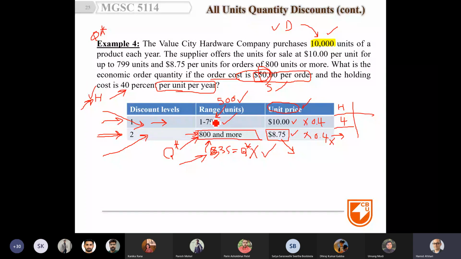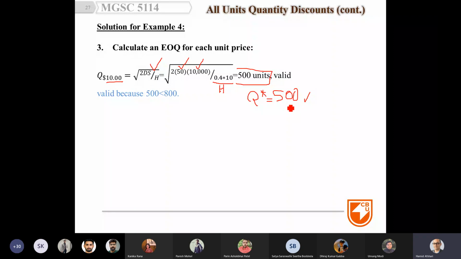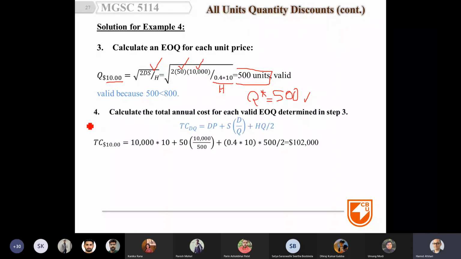Because this is valid, for Q star I will use 500. That's why for step number 4, when I am calculating the total cost of the system, for Q I'm going to use 500. Everybody agrees? That's the way I should keep in mind. Otherwise, I will make a mistake. Okay, so I remember that total cost has 3 components: purchasing price. What's the name of the second part?